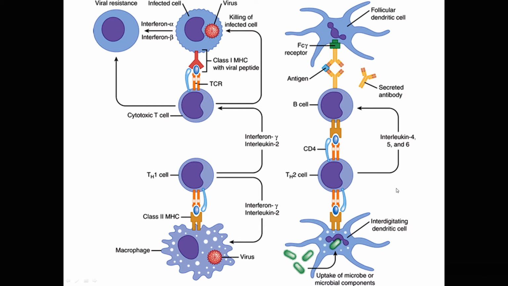The stimulatory effect of the T helper cells is realized through the release of interleukins 4, 5, and 6. So, this will stimulate the B cells to proliferate and differentiate into high-rate antibody-producing cells, plasma cells.